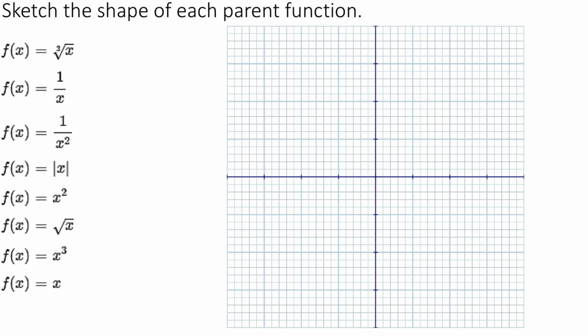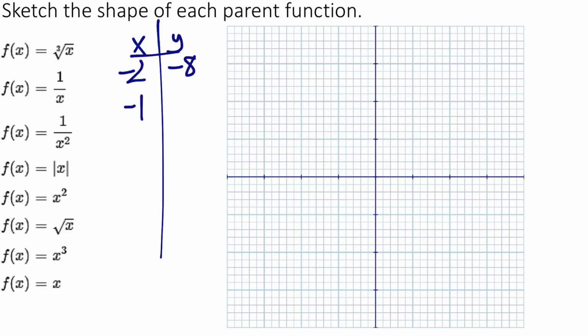So now we'll do f of x is equal to x cubed. So x, y, let's take a couple points. So negative 2 cubed is negative 8. Negative 1 cubed is negative 1. 0 cubed is 0. 1 cubed is 1. And 2 cubed is 8. All right, so negative 2, negative 8, that's down here.